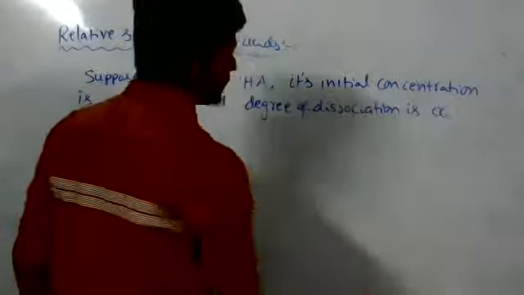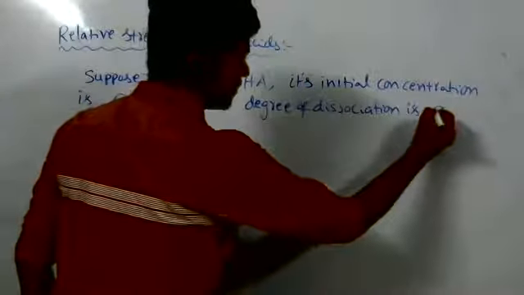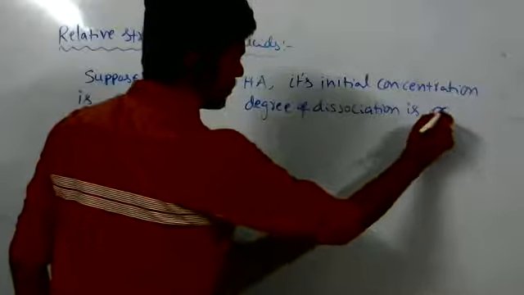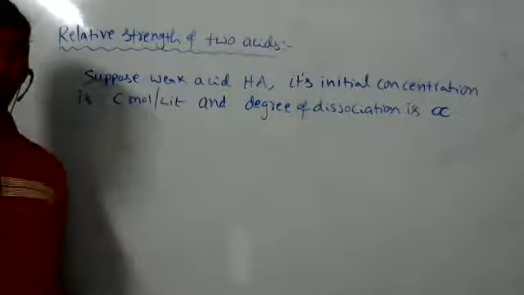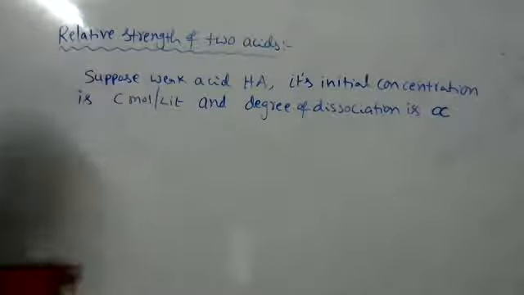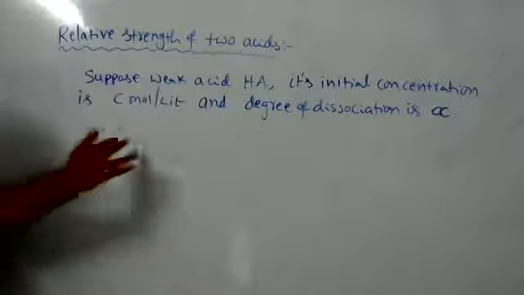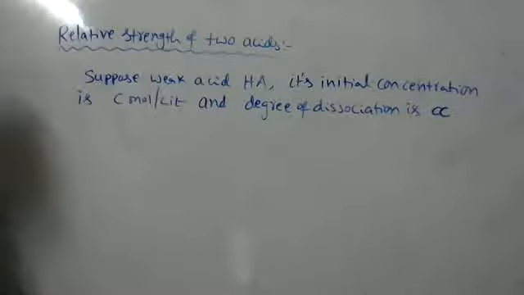Is it nothing but Ka? No, that is the ionization constant. Some confusion is there here. Different. That we can call the ionization constant or dissociation constant. This is the degree of dissociation or degree of ionization.